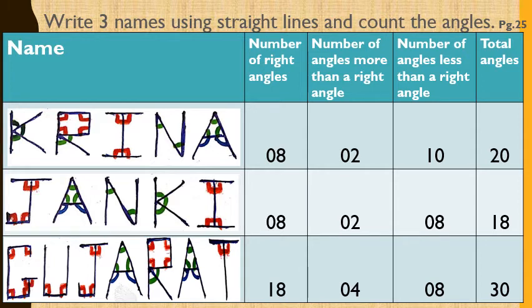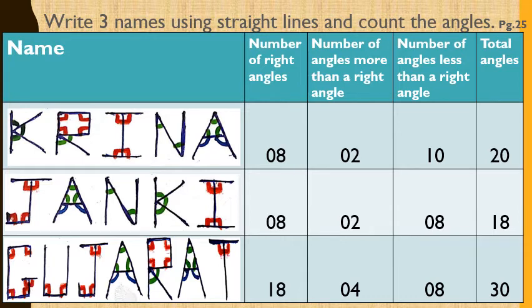In the name Janki, the number of right angles are 8. The number of angles more than a right angle are 2 and the number of angles less than a right angle are 8. So, total number of angles are 18.